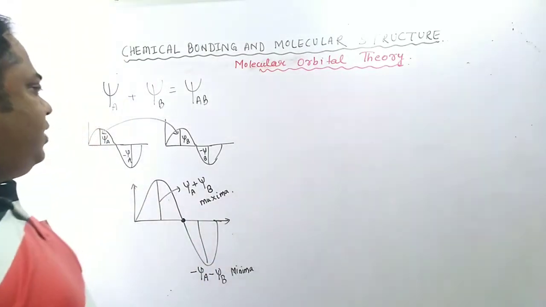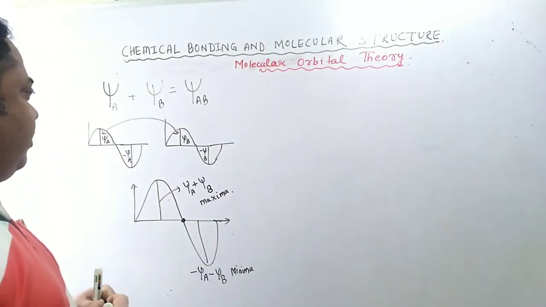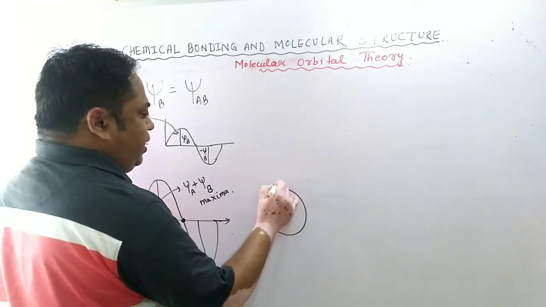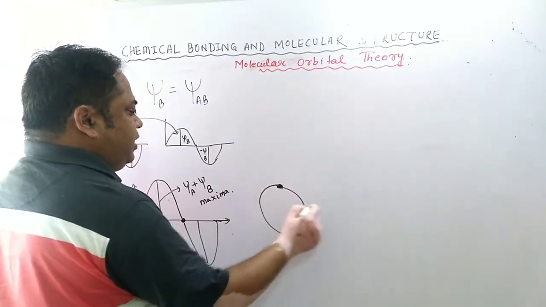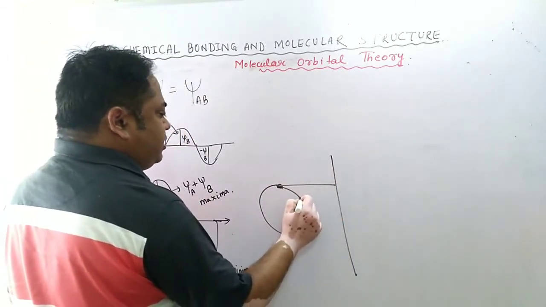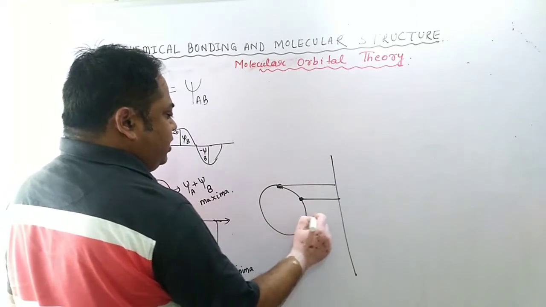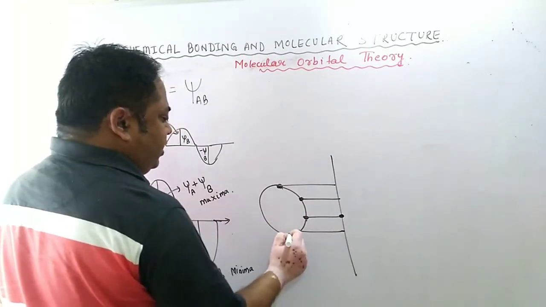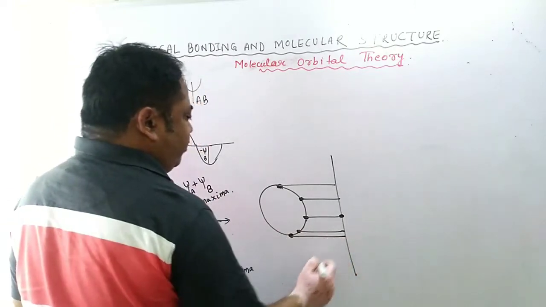So the wave nature of the electron can be proved. How? Say an electron moves in a circular path. When the electron is here, its projection will be here; when the electron is here, its projection is here.